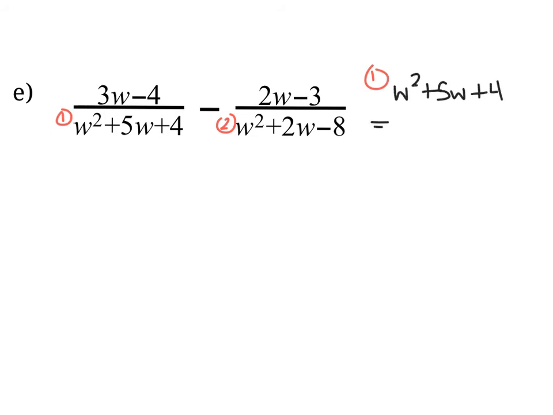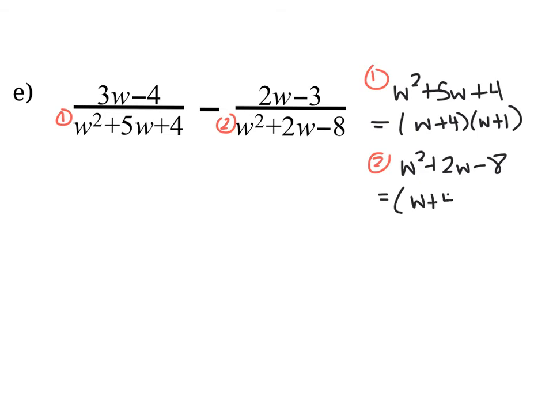You can go ahead and do your own steps of factoring. If you don't remember how to factor these, remember we can use the shortcut of decomposition because our leading coefficient is 1. So this guy is going to factor to (w plus 4)(w minus 2).